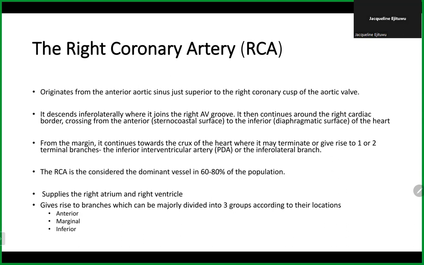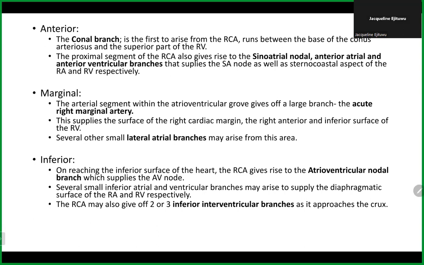Next slide, please. So for the anterior group, we have the conal branch, which is the first branch to arise from the right coronary artery. It runs between the base of the conus arteriosus and the superior part of the right ventricle.